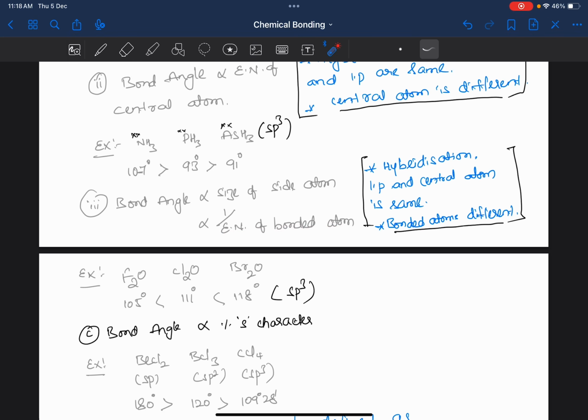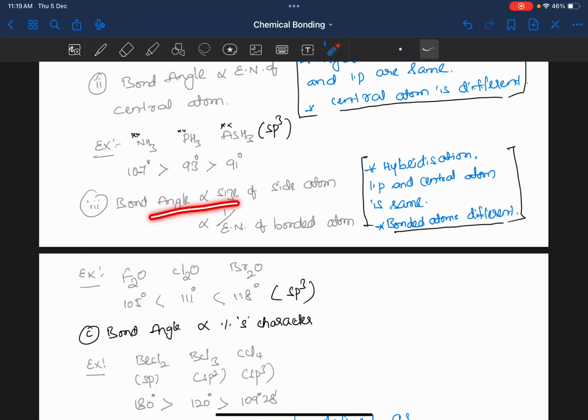The electronegativity of fluorine is more than chlorine, than bromine. Therefore, bond angle is increasing. So the point is that when hybridization, lone pair and central atom are the same, then the bond angle differs with different bonded atoms.